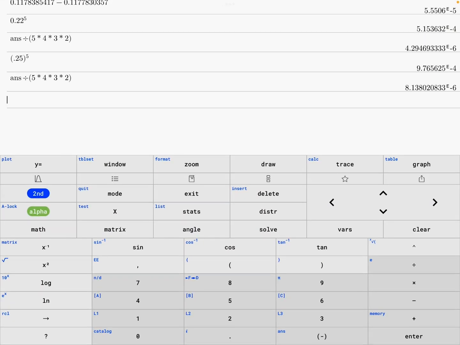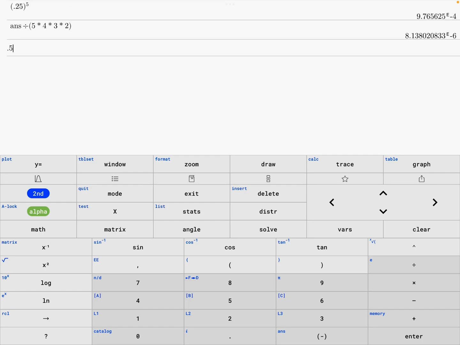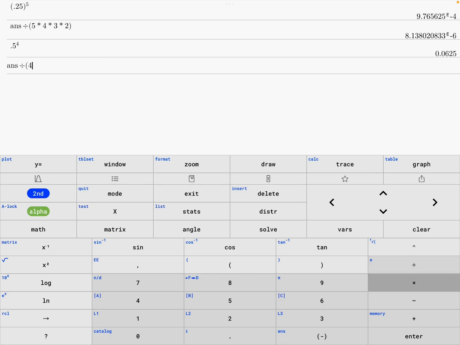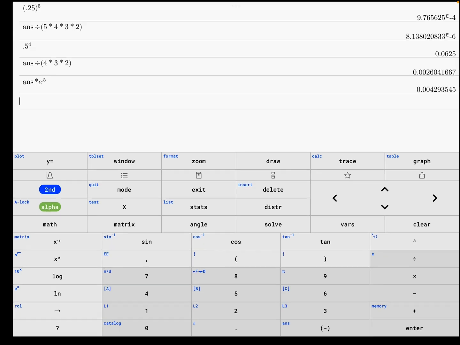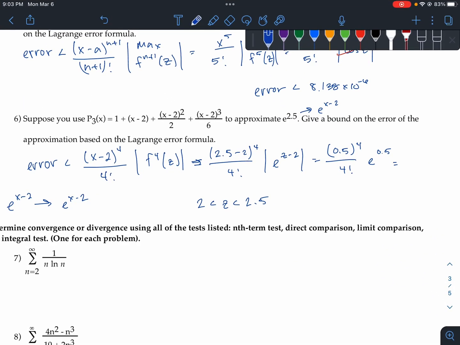If we plug that into a calculator, we have 0.5 raised to the fourth, then divide by 4 factorial, 4 times 3 times 2, then multiply by e raised to the 0.5, and we get 0.00429 as the maximum error.